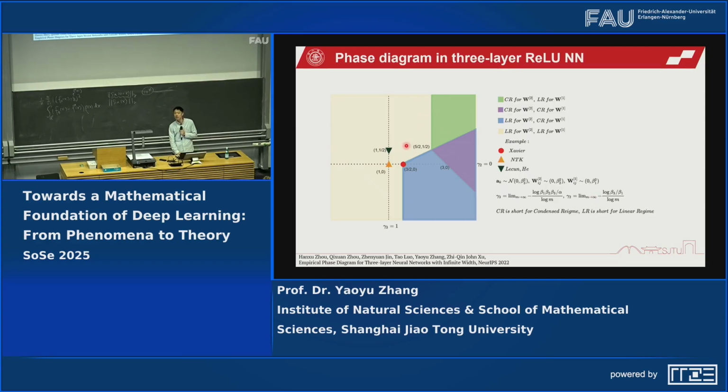So what we learn from that, okay, in this region, there's still a linear region where everything is like a kernel method. And there's this purple regime where both the first hidden layer and second hidden layer condense, meaning the relative distance will go to infinity. And then in this green region or in this blue region, only one layer condenses, the other does not change.